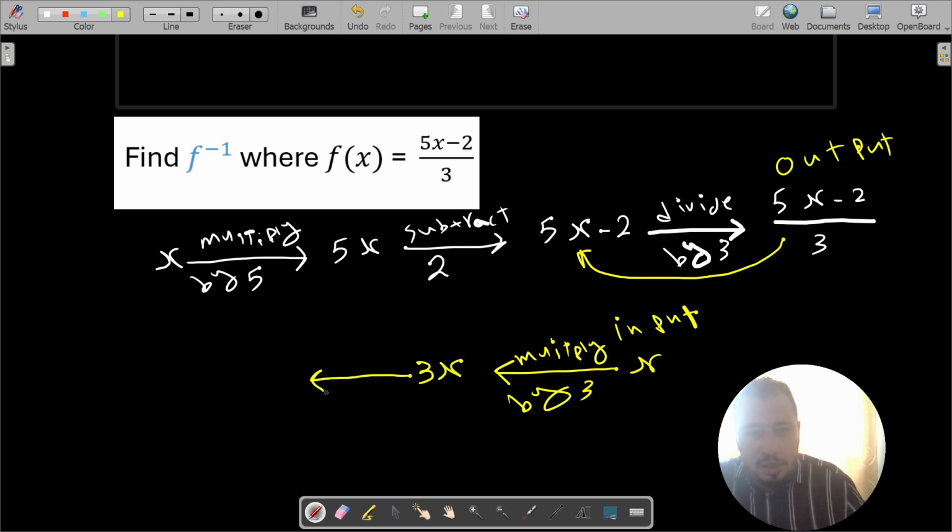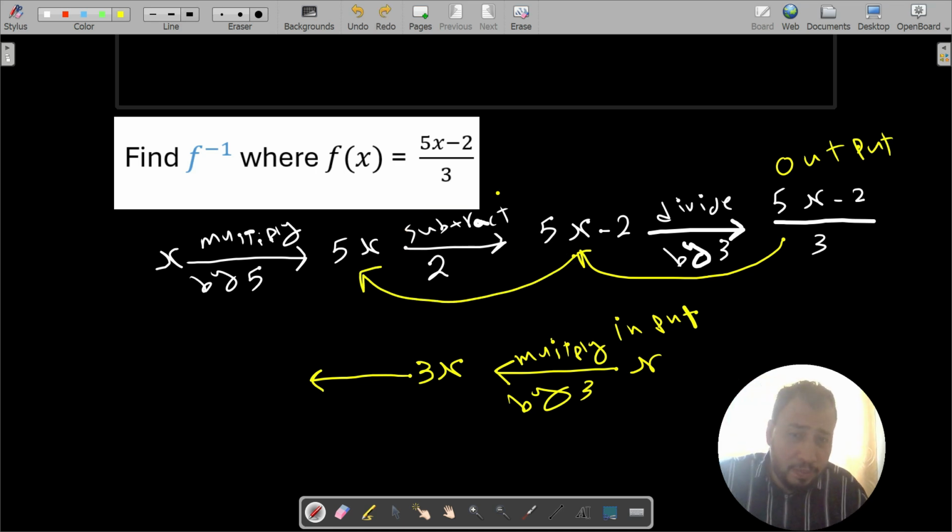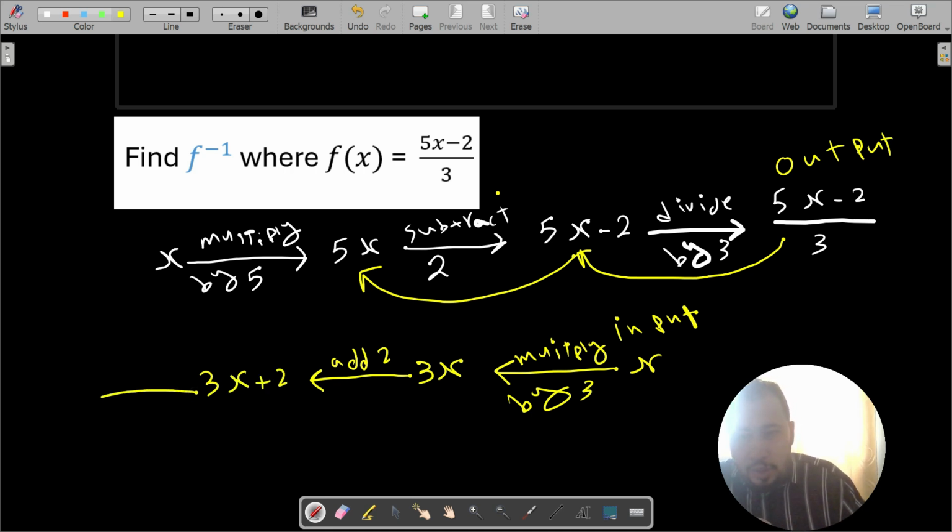Then, what is the next step here? Subtract 2. What is the opposite of subtraction? The opposite is addition. So add 2. It's going to be 3x plus 2. After that, what will you do? Go opposite again. Multiply by 5. What is the opposite of multiply by 5? It's divide by 5.